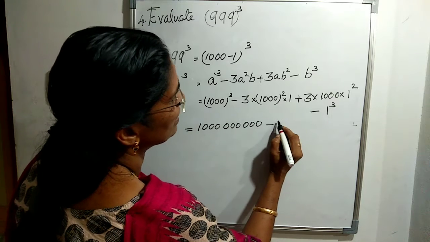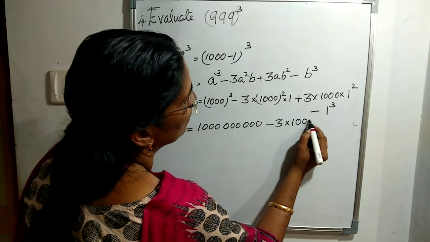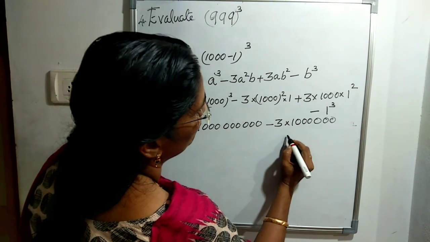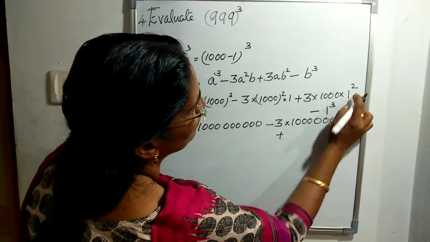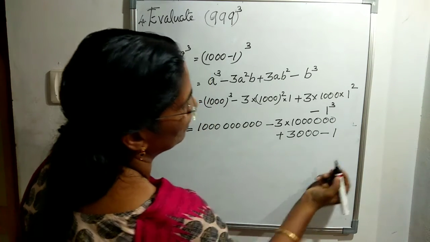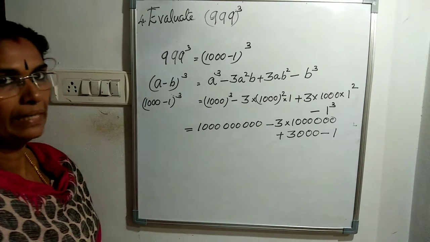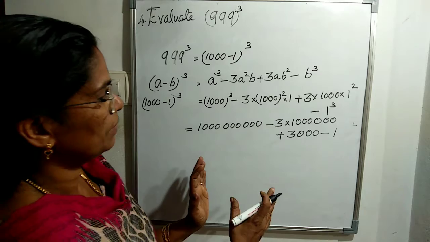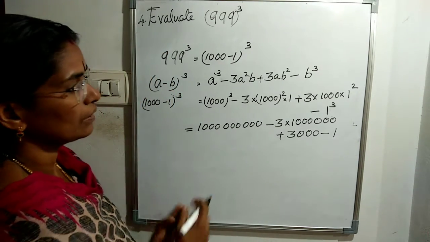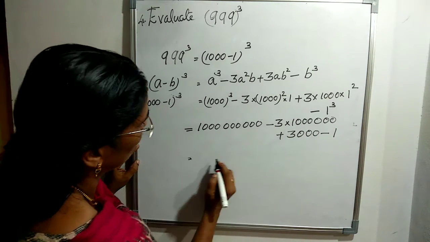Minus 3 into 1 is 3, 1000 square, again 3 zeros you have to add. Plus 3 into 1000 is 3000, minus 1. Here some terms are positive and some are negative, so first add the positive terms together and the negative terms together. That is easy. Here we have to multiply first.